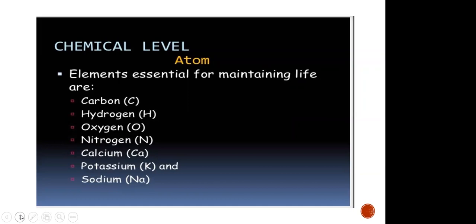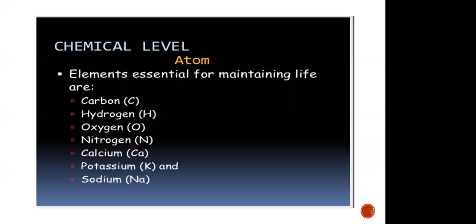So now, after atoms, look at this chemical level of organization. We already discussed elements essential for maintaining life, from carbon to sodium. These are some examples essential to maintain life.